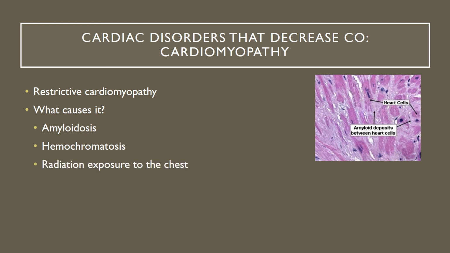Radiation exposure to the chest, so if you get an X-ray or some other kind of radiation exposure to your chest, it could mutate the cells, the DNA, causing irregular protein production. Connective tissue disorders like Marfan syndrome could result in restrictive cardiomyopathy. Now, I don't think restrictive cardiomyopathy is on the manifestations or the complications of Marfan syndrome, but it is a connective tissue disorder that deals with elastin production.